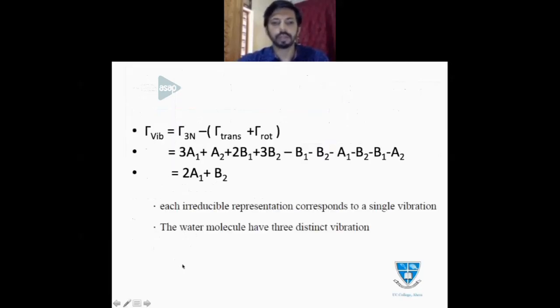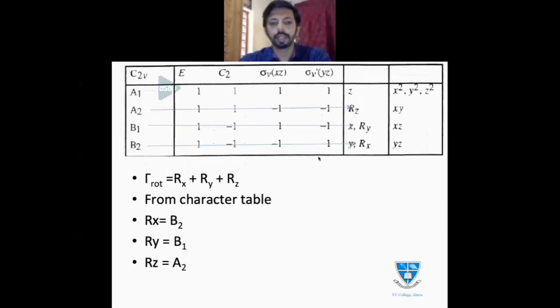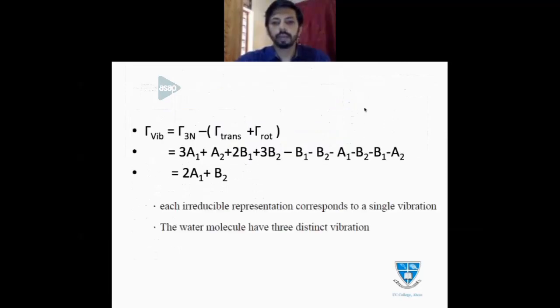So we have to subtract this from our 3n, that is 3A1 plus A2 plus 2B1 plus 3B2 minus the translation terms, B1 B2 A1, and the rotational terms, B2 B1 A2. Finally we will get the remaining terms, that is the vibrational modes are 2A1 plus B2.